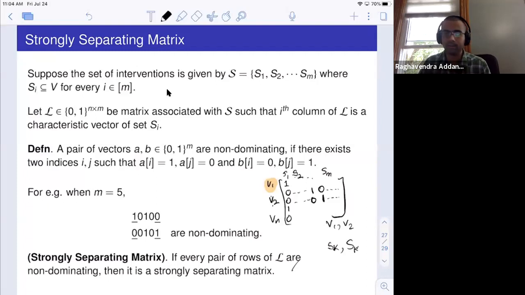One can also think of these as row vectors instead of columns, and assigning low weight vectors to each of these nodes, such that this 0, 1 and 1, 0 pattern, the non-dominating property, is maintained. In discrete mathematics, people study this using the notion of anti-chains. Whatever I've described is called an anti-chain.